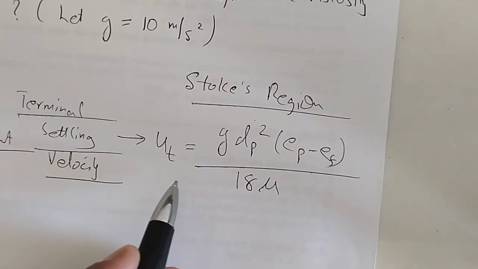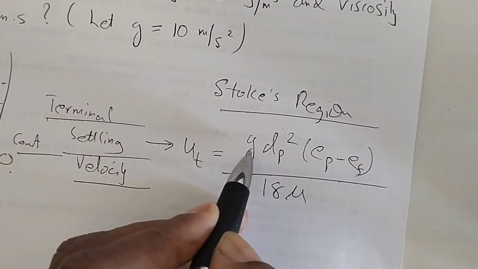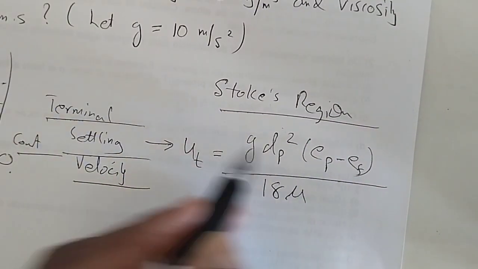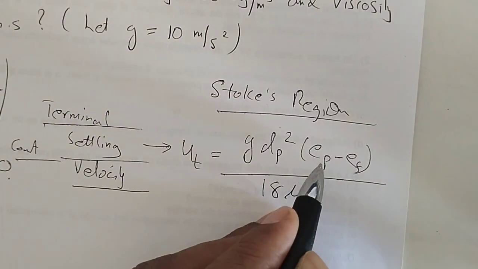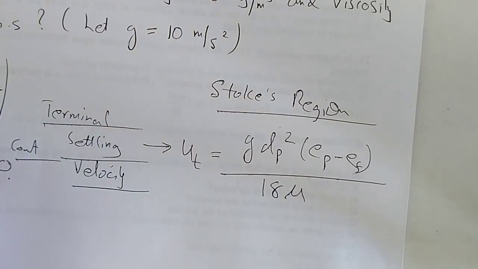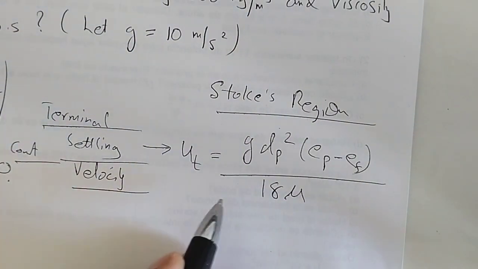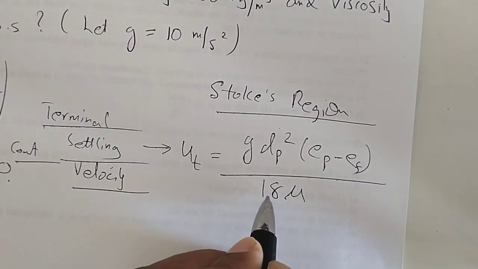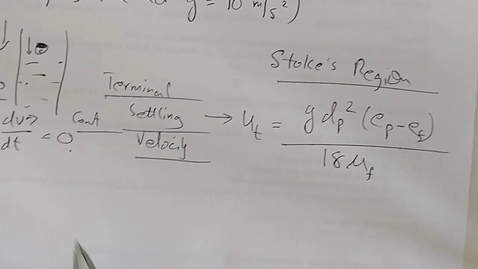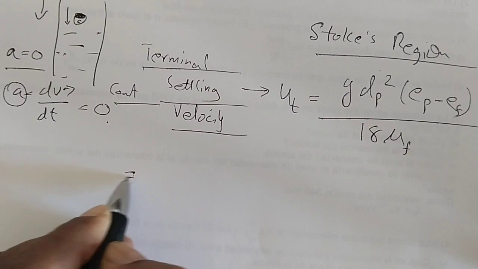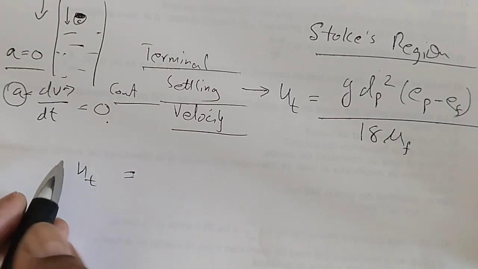Let me explain the terms. G is the gravitational acceleration, dp is the diameter of the particle, rho p is the density of the particle, and rho f is the density of the fluid, here water, upon 18 mu. Mu is the viscosity of the fluid. So let us substitute the values.